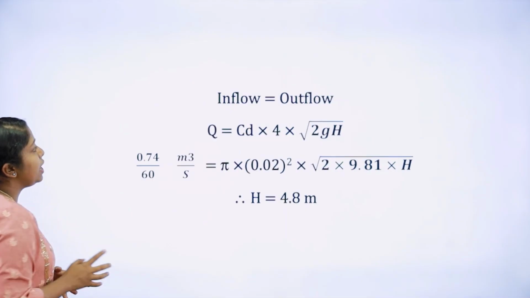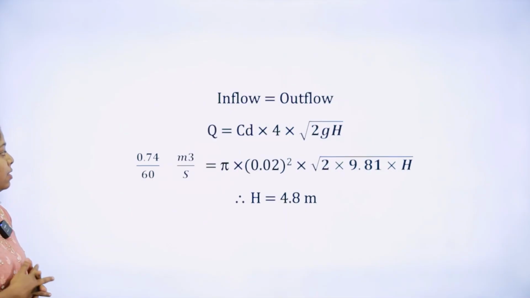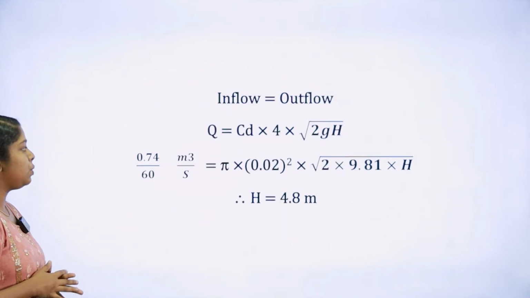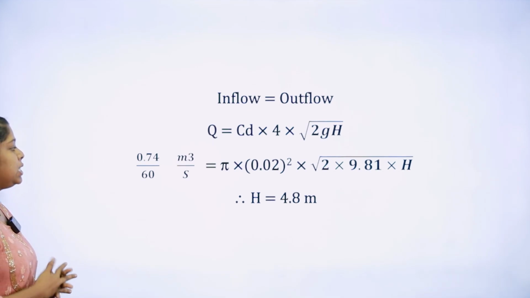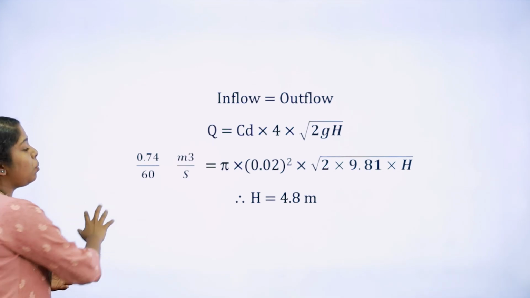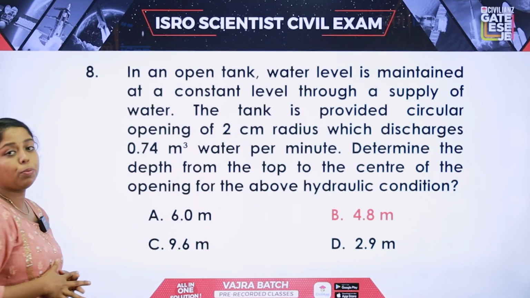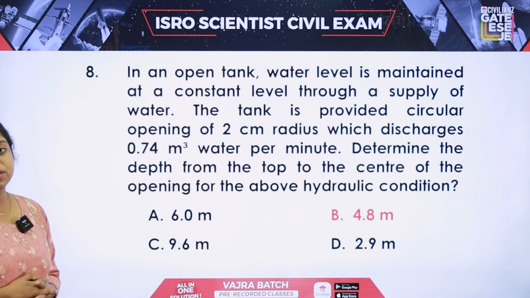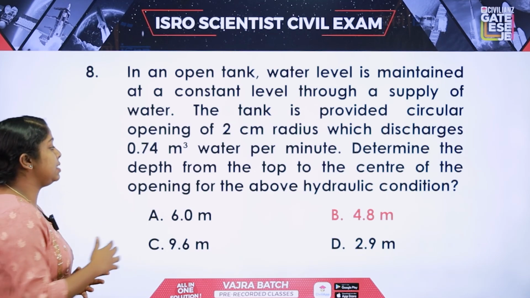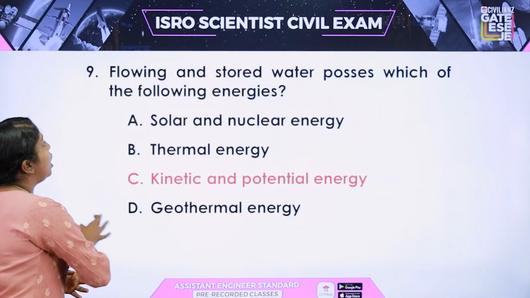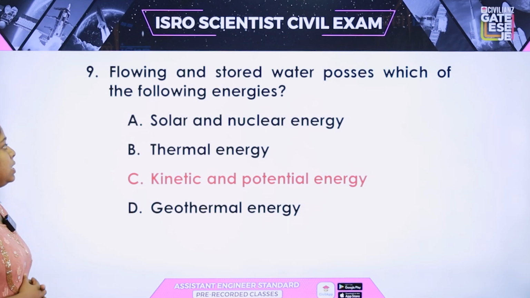So the inflow is equal to the outflow, that is what we will assume, and using the equation Q is equal to CD into A into root of 2gh, on solving that we will obtain the value of height as 4.8 meters. So option B is the right answer. This is also a concept based question, and it is a simple question. Now let's move on to the next question.